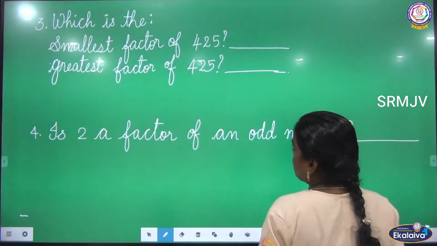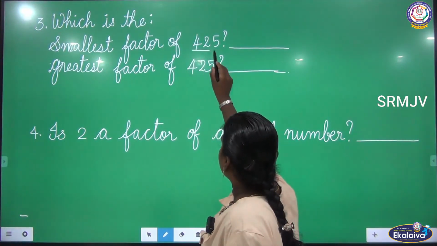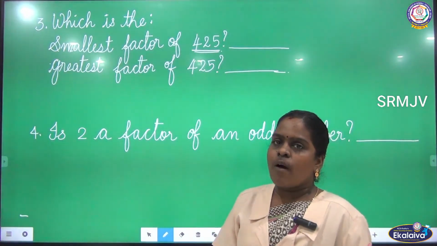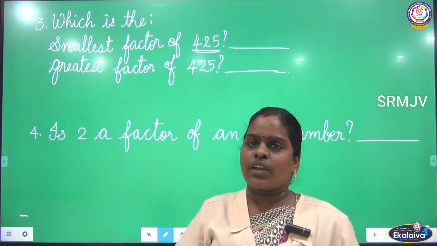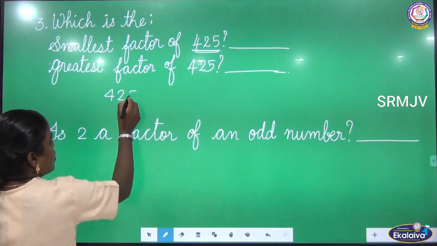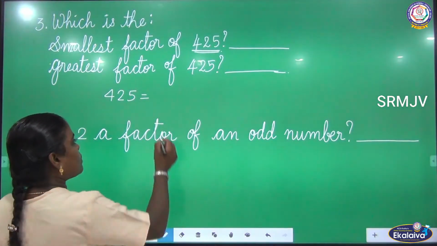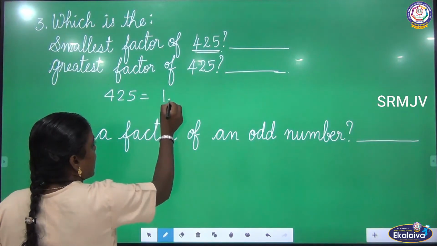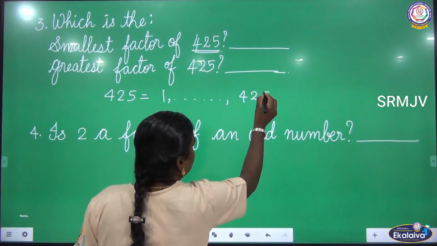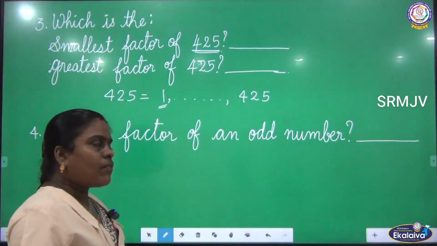And the next question, which is the smallest factor of 425? In the properties of factors we have learnt, 1 is the smallest factor of every number. So look at the number 425. I have told you, you should start the factors from 1. So if you start from 1, you have to end with 425. So 1 will be the smallest factor for every number.